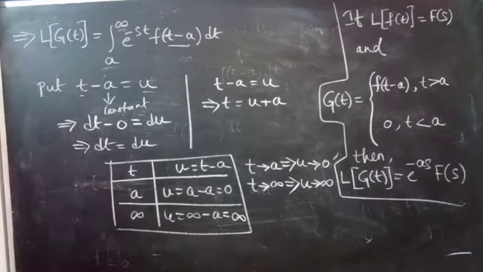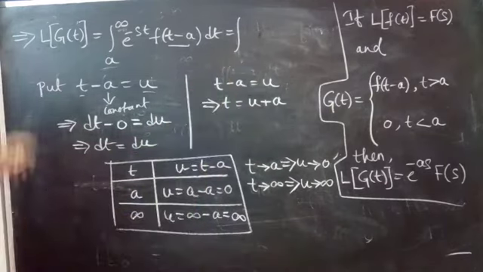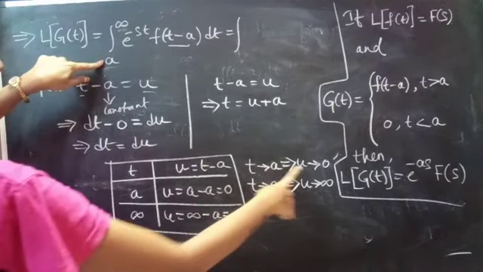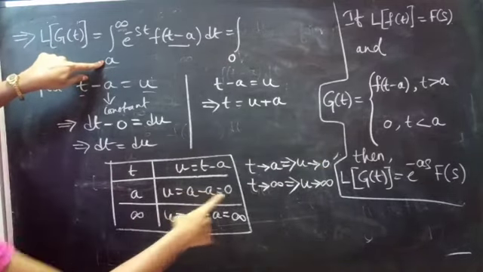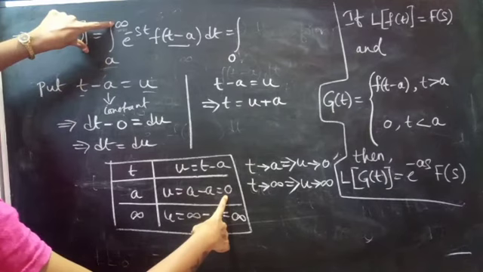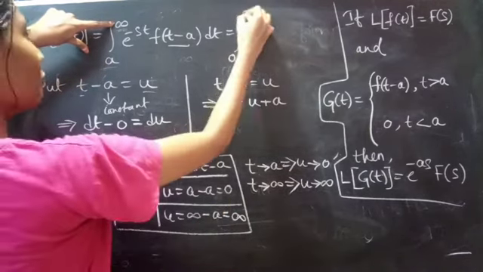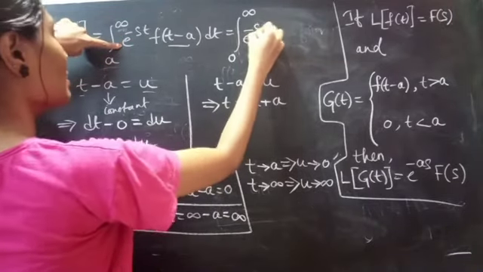Good. So now this equals the integral from a to infinity. When t equals a, u equals 0. Next, when t equals infinity, u equals infinity. Next, e power minus s.